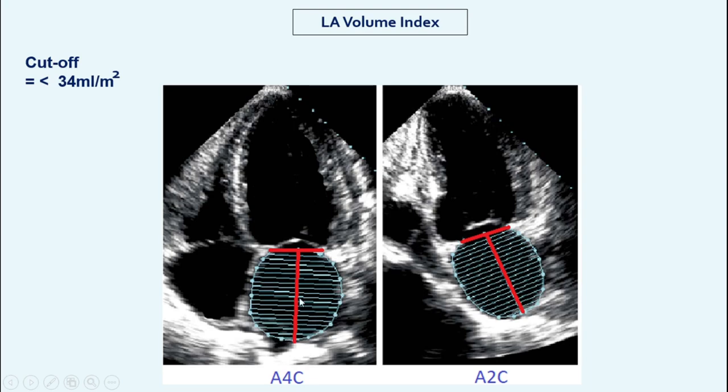Try to make this left atrial long axis almost perpendicular to the mitral annulus plate. The normal cutoff for left atrial volume index is equal to or less than 34 milliliter per meter squared.